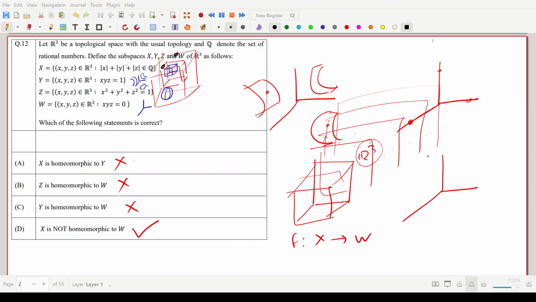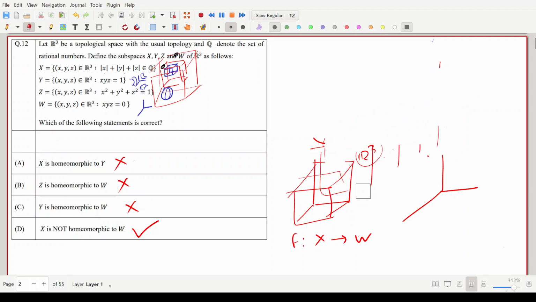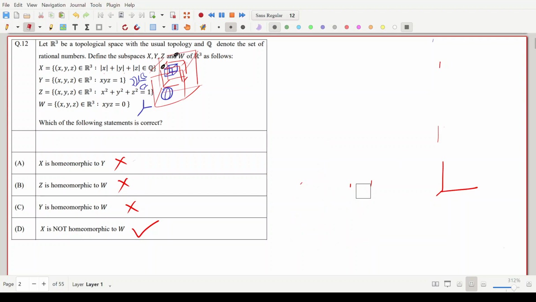Now, there is a question that we can encounter. Look at the first option which I discarded, that is X is homeomorphic to Y. Now, actually, in the beginning I told that one is connected, other is not connected, so that won't be the reason here.